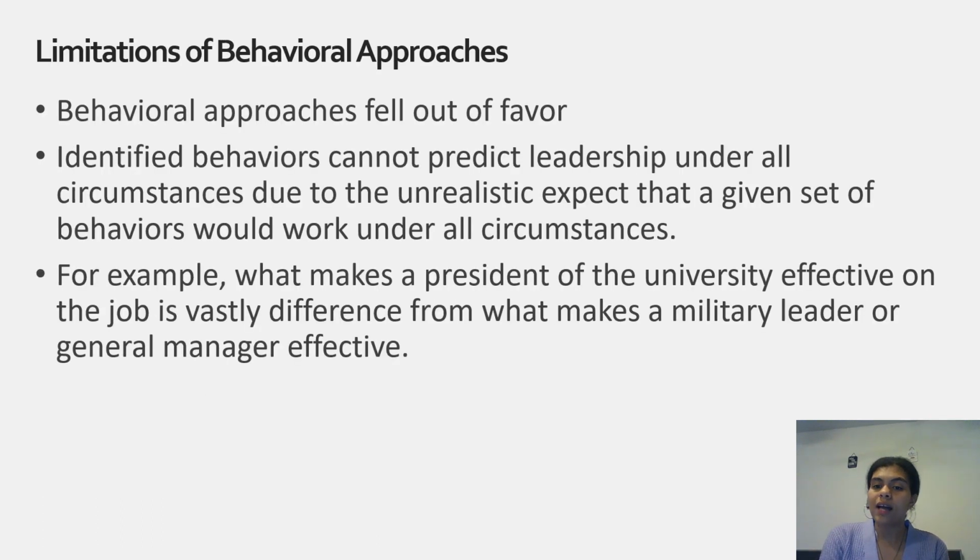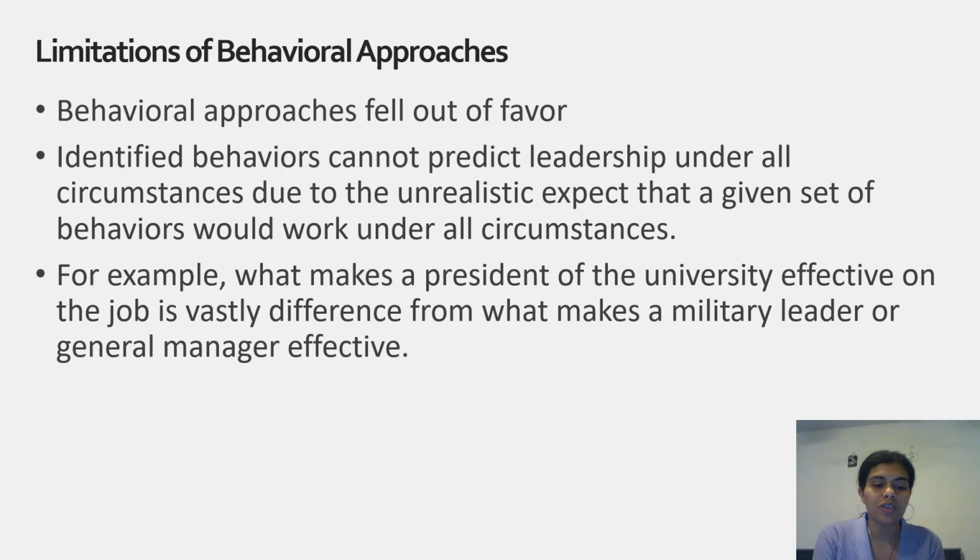So this is our last learning objective, which is the limitations of behavioral approaches. Improving our leadership styles would be to become conscious about our theories of human nature and question the validity of our implicit theories.